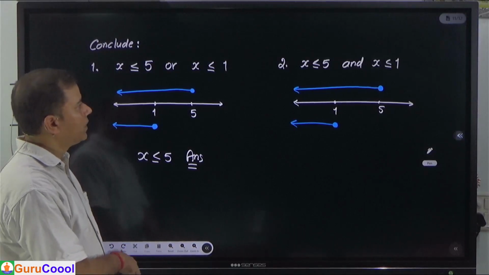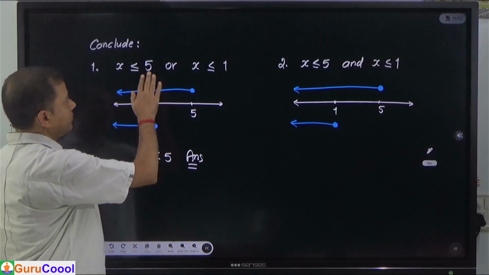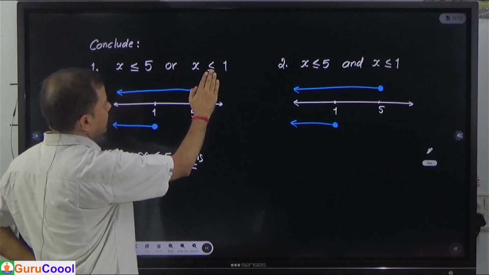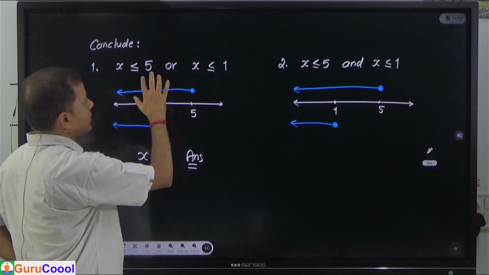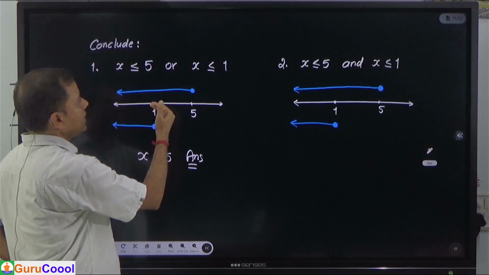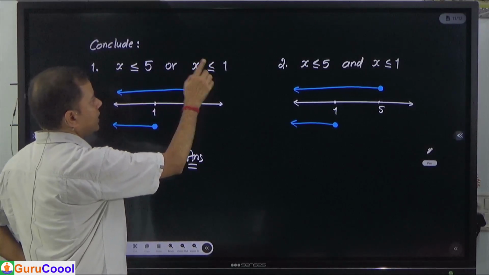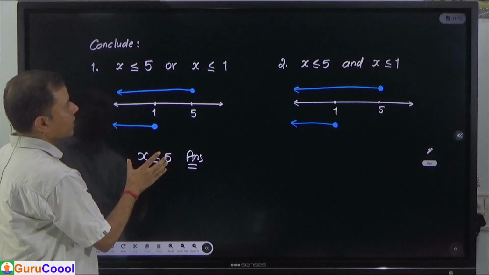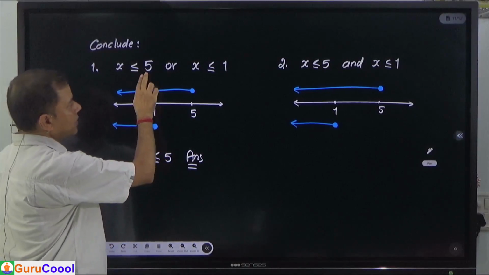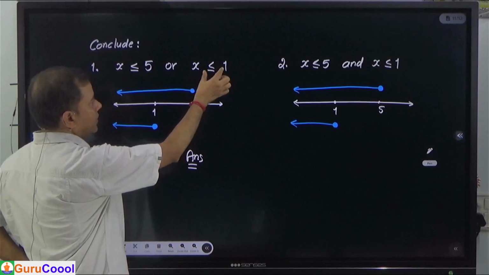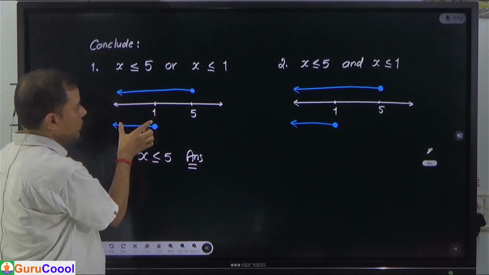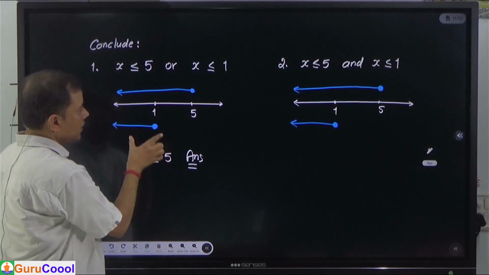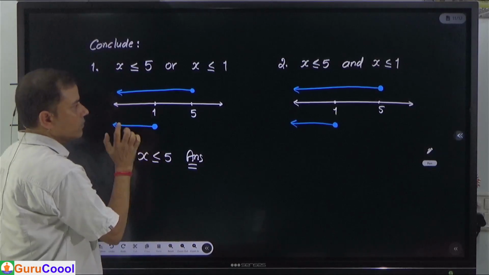So the bigger region, which satisfies either of them, is the conclusion. The bigger region is of course in this one, but the smaller one is also in this one.